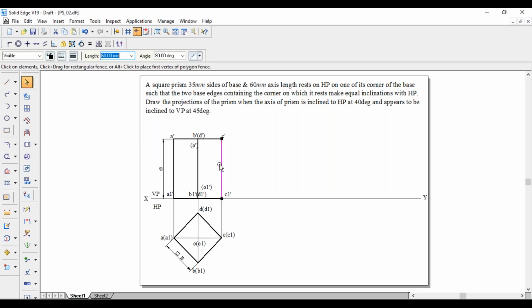So take this line, that is C dash C1 dash line, that is 60 mm, and draw it at 40 degree with respect to the XY line. 60 mm is the length, whereas the angle is 40 degree. This is C dash. This one is C1 dash.